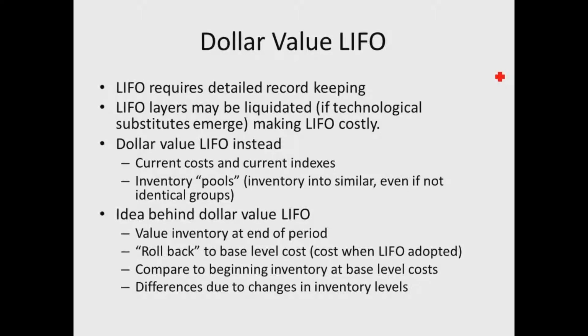On the other hand, if I had 100 units at $10 and 80 units at $15, then it would be because I genuinely sold some product. Dollar value LIFO is trying to take into consideration whether the changes in the inventory levels come from just changes in prices or also from changes in quantity. Changes in quantity would indicate an actual sale. Changes in prices just reflect inflation or some other changes.